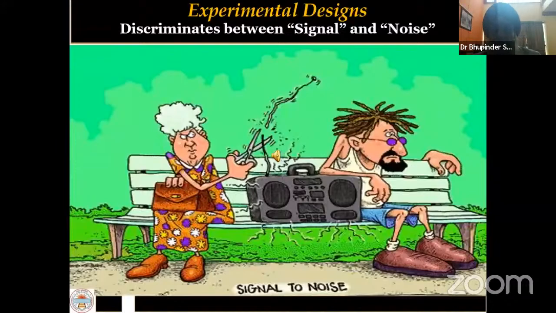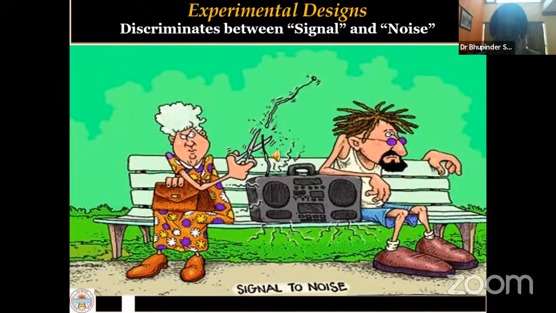For this guy who is sitting in the park, music was signal. While this lady who is sitting beside him, and who has come out in the park after quarreling with her husband, music is a distraction. For her, music is a noise. So silence is a signal for her.